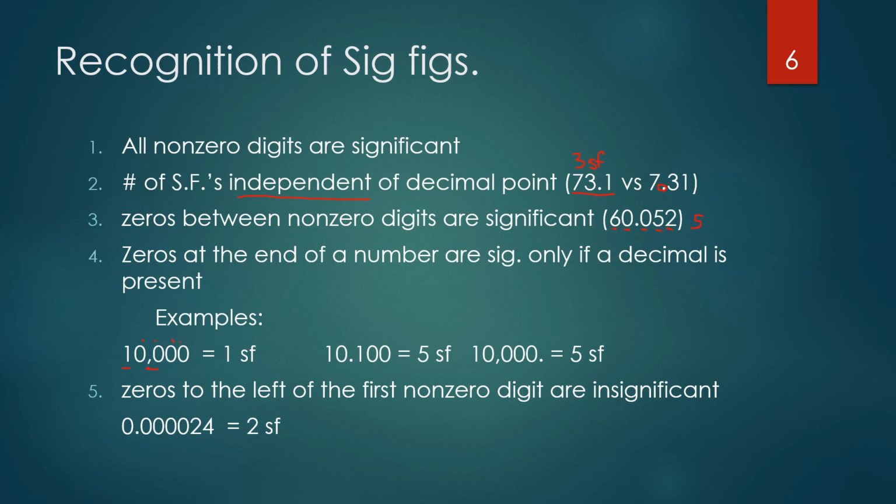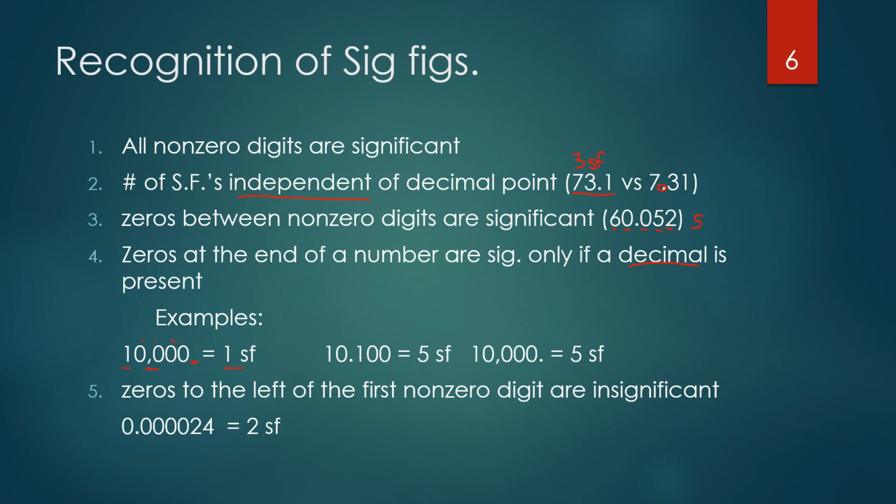Well, rule 3 says if they're between 2 non-zero numbers, those zeros will count. But they're not. There's no non-zero number here. There's nothing, right? Rule 4 says that these zeros can count only if there is a decimal present. There's a comma, but there is no decimal.